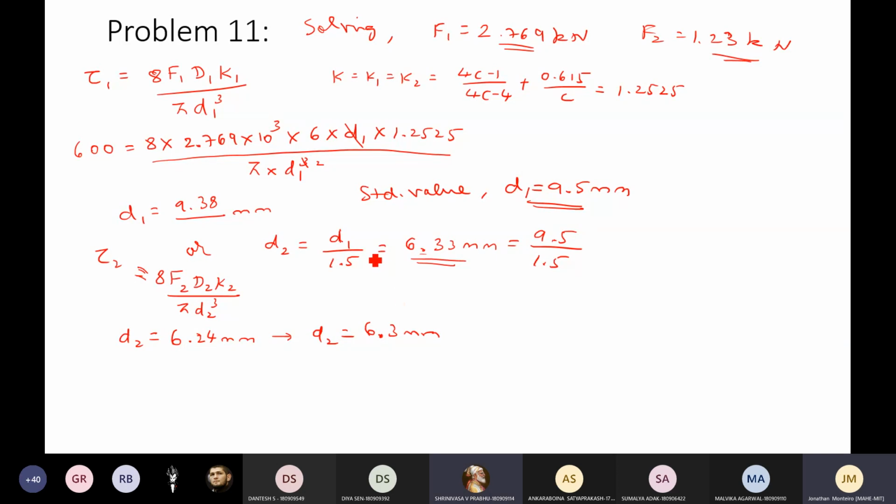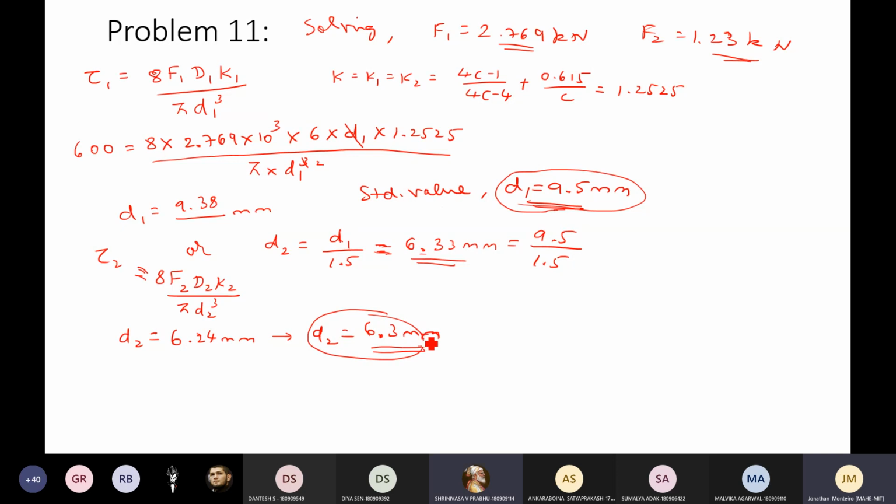Yes, sir. Actually, if we take the 9.398 value, we get the same value that we get from tau. So if we already use an approximated value, then it will obviously lead to more deviation. So I think it is safe to say that 6.3 will satisfy our answer and 9.5. Though it is not exactly accurate, because once we select the standard value, some deviation is expected.